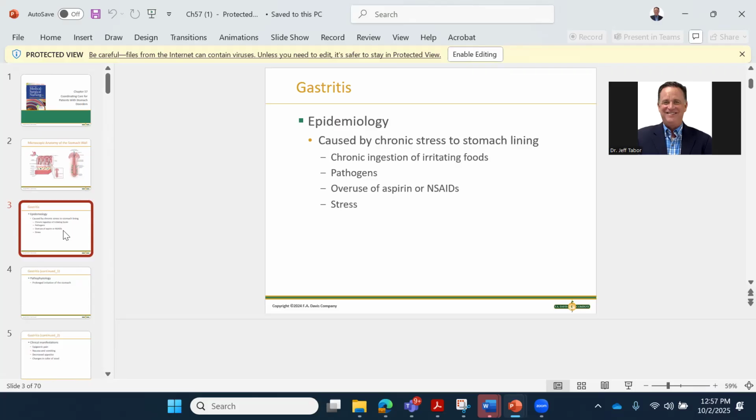Because if you take NSAIDs such as ibuprofen without food, the question is not, will you get a GI bleed? It's more of when. Also, gastritis can be caused from the ingestion of irritating foods, such as spicy foods, pathogens, and stress.